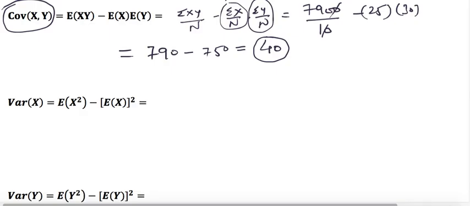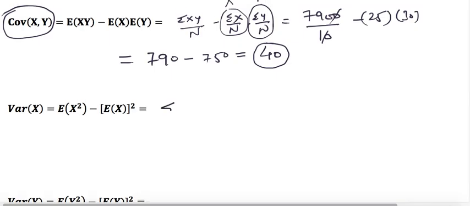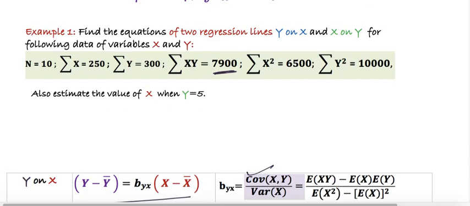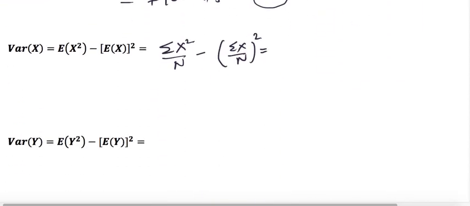Now let us see the variance. For a variance, we will take the average of the sum of squares, minus the square of the mean. You are observing that x bar is nothing but sum of x upon n, so it is sum of x upon n to the power whole square. And sum of x square here is given as 6500.